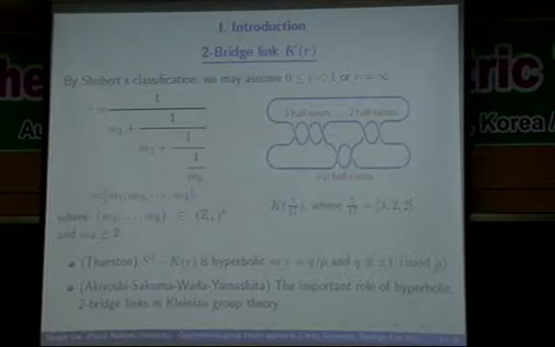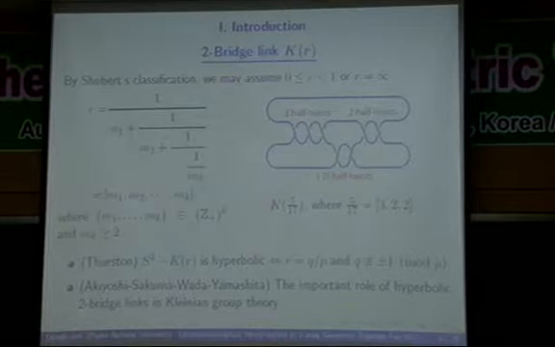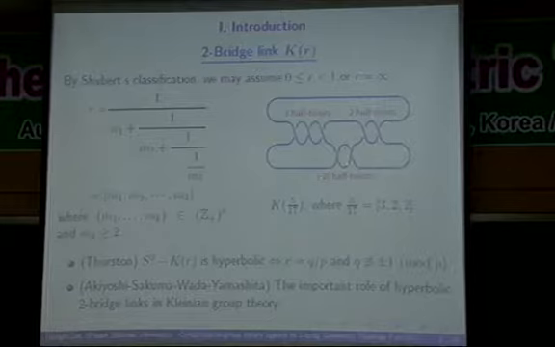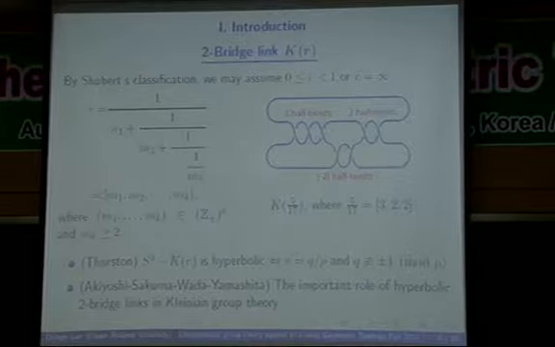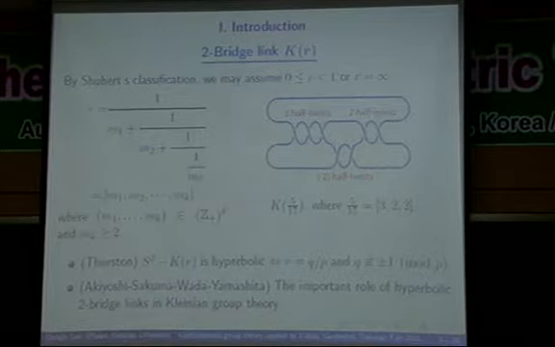Here in this continued fraction expansion, 3 appears in the first place, so we start by making 3 half twists in the positive direction. And from the second 2, we make 2 half twists. And from the next 2, we make 2 half twists in the positive direction. So we alternate positive direction, negative direction, positive direction, and so on. And then we see that every two-bridge link is either a knot or a two-component link, according as the denominator is odd or even.